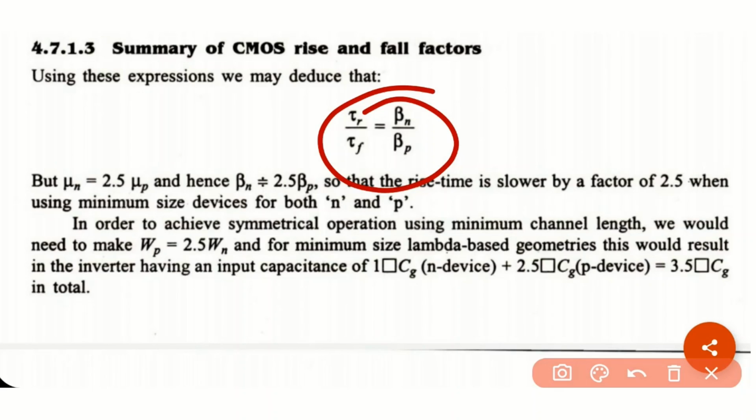The ratio of rise time to fall time will be equal to beta n by beta p, or we can say that tau r will be equal to 2.5 times tau f. Therefore, the rise time is always slower by a factor of 2.5.